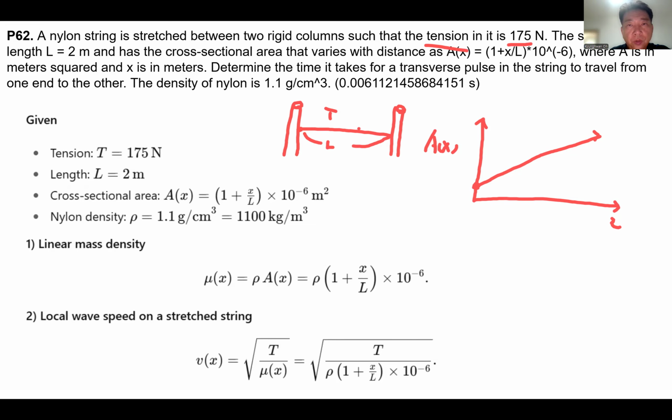Then we have A(x), which is the cross-sectional area. And then the density of the nylon is given, rho. And as you might know, the velocity in a string is given by the square root of T over mu. Mu is the linear mass density.